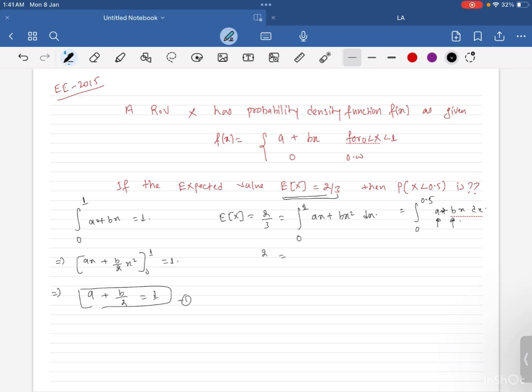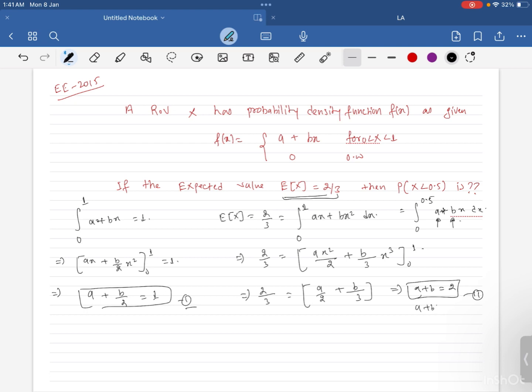Now you can carry out the integration, that would be ax square divided by 2 plus b divided by 3 x cube from 0 to 1, equal to 2 divided by 3. Now a divided by 2 plus b divided by 3 equal to 2 by 3, that is 3a plus 2b is equal to 4. Now we can solve equation 1 and equation 2.